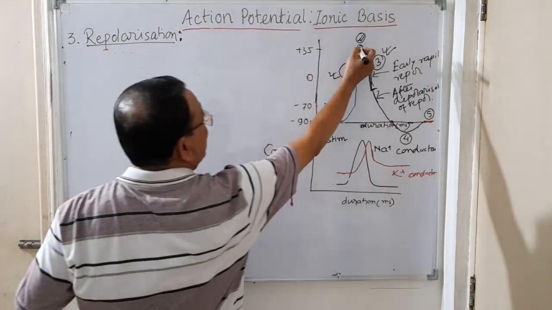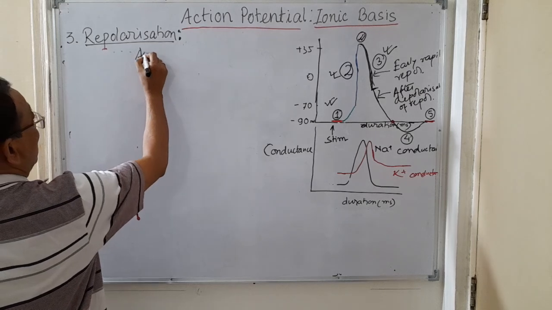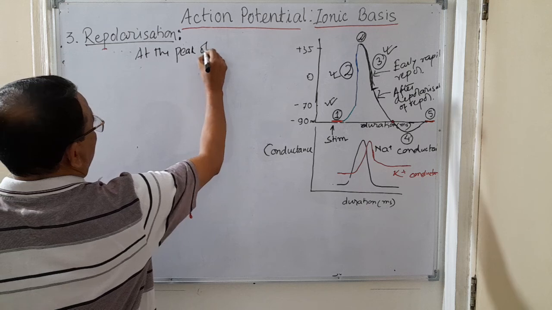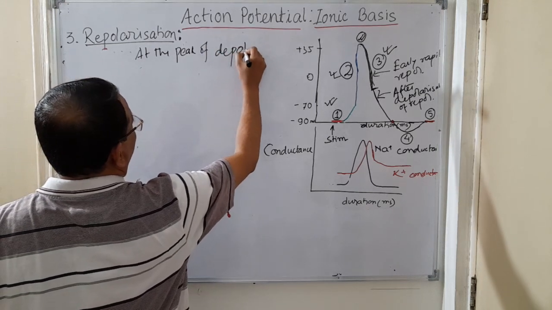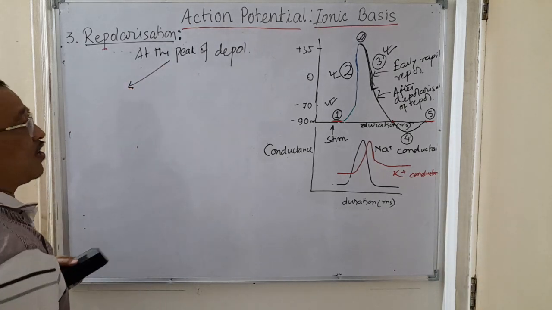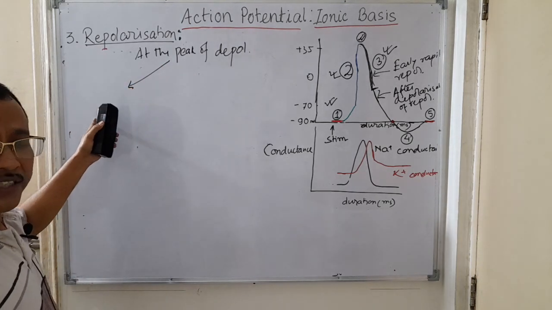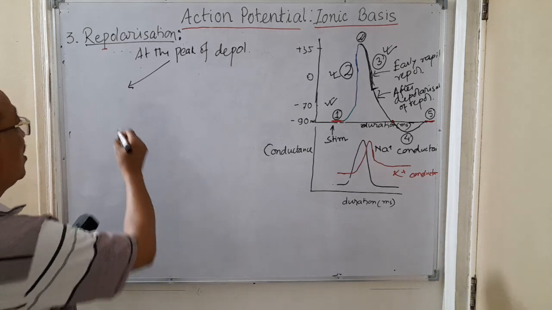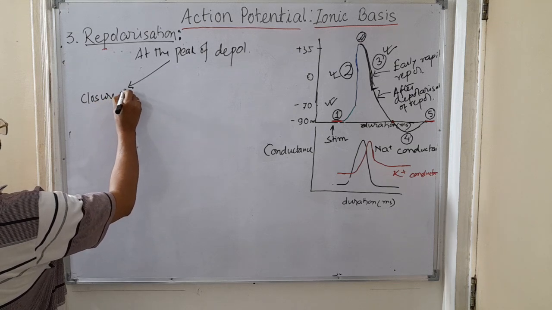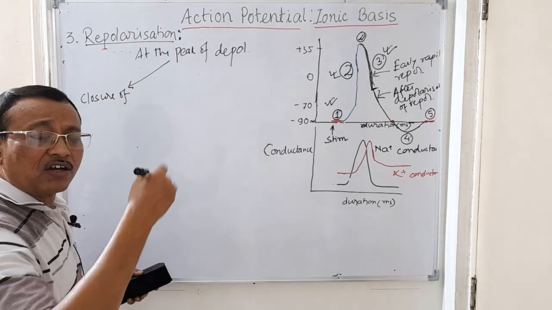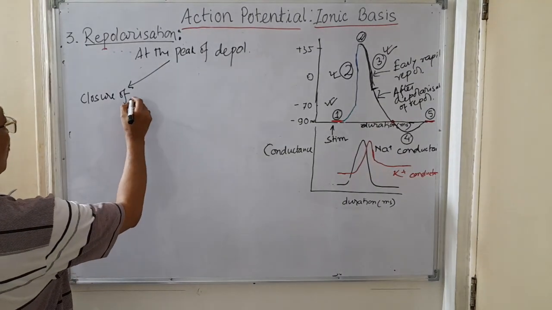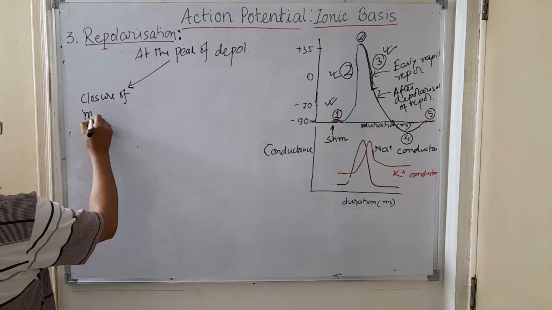So we'll start with this phase, that is at the peak of depolarization. At the peak of depolarization, two phenomena take place. First, as I described in the diagram, there is a closure of the inside gate of the voltage gated sodium channel, known as the inactivation gate.